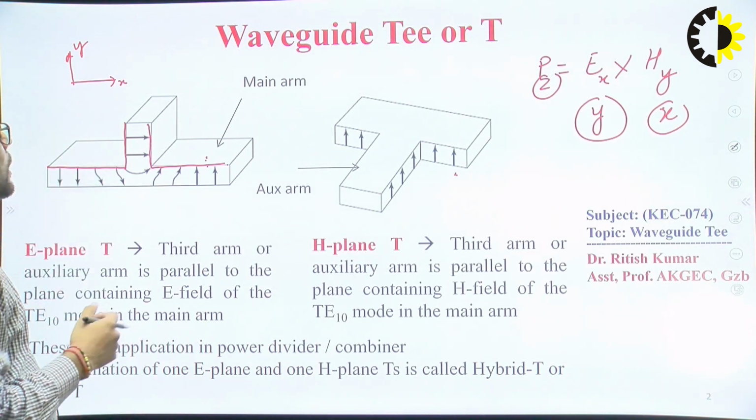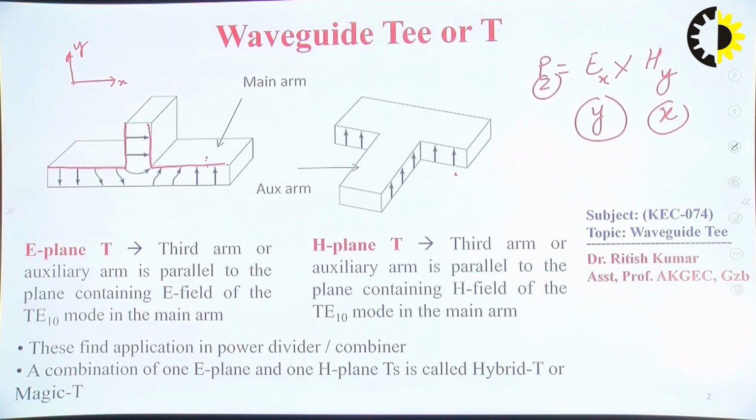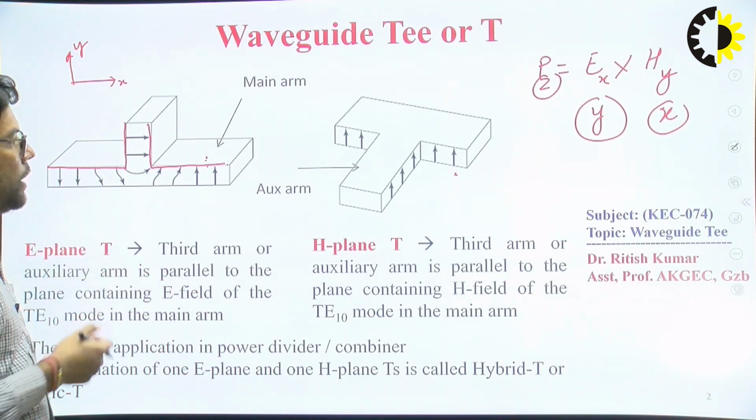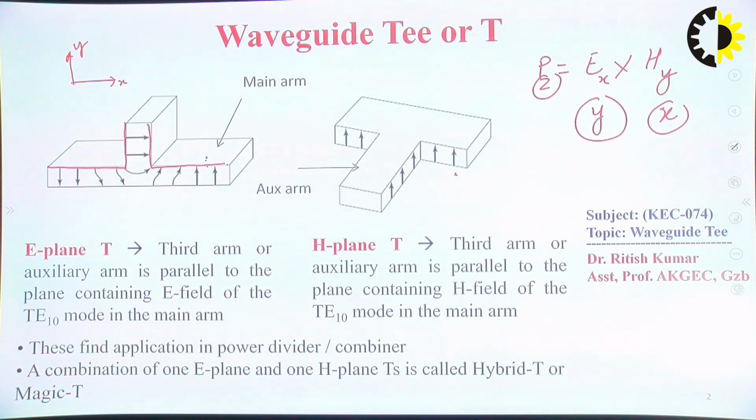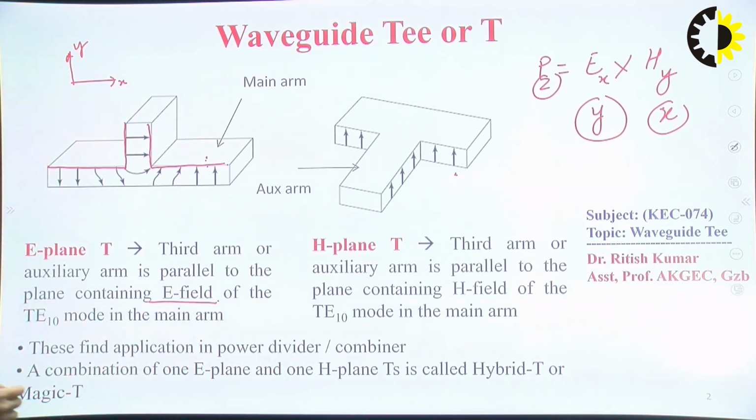So if this arm is parallel to the yz plane, while in the other case the arm is parallel to the xz plane, right? In terms of terminology, how can we define the third arm or auxiliary arm? It is parallel to the plane containing the E field of the TE10 mode in the main waveguide. So what is the TE10 mode?